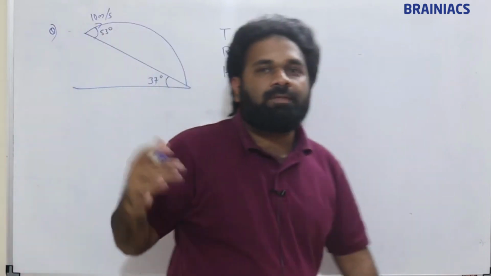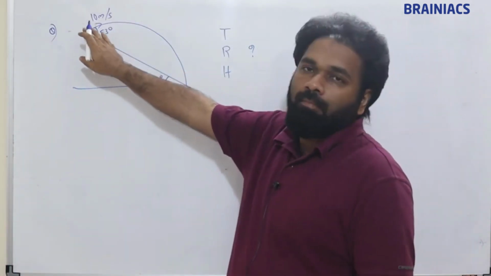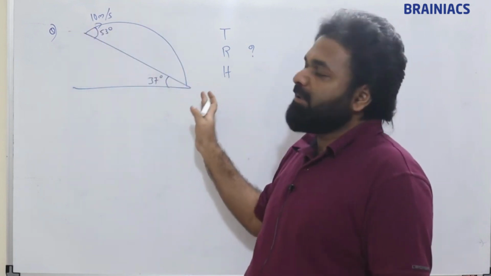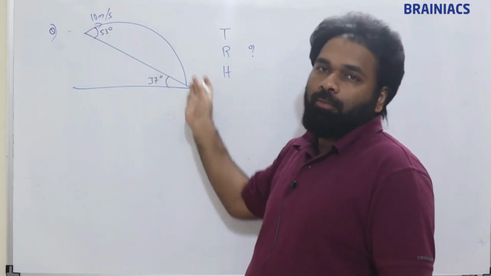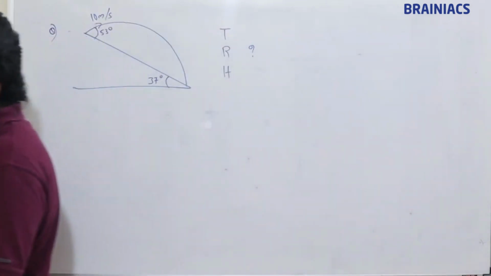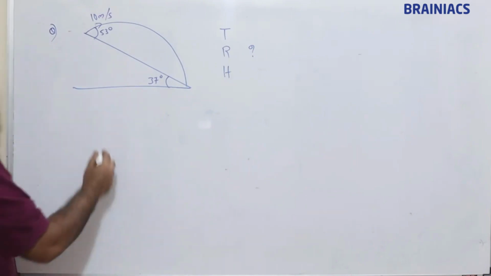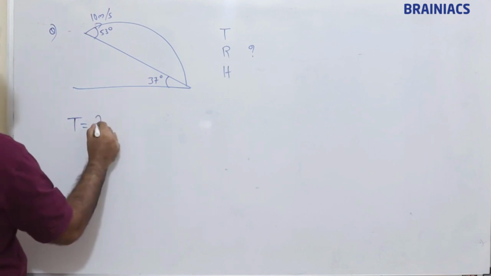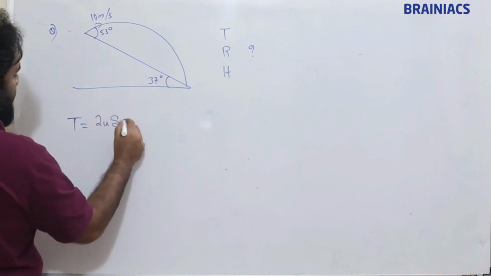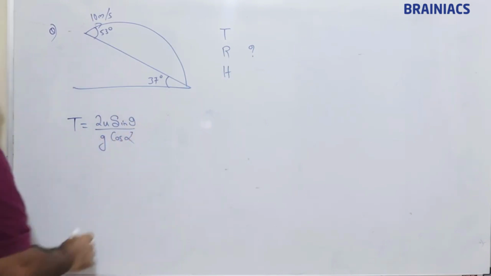Okay, students, take this another question. This is top to bottom. Till now we have seen bottom to top. Now this is top to bottom. So how to do this? Time of flight is equal to 2u sine theta divided by g cos alpha.